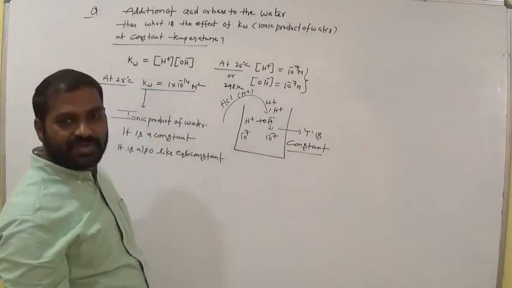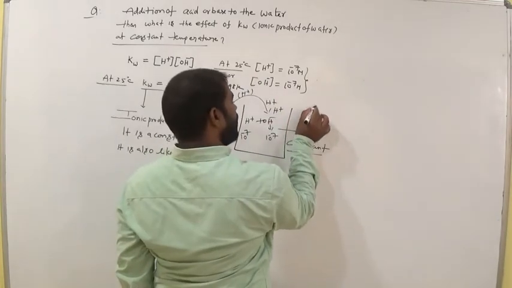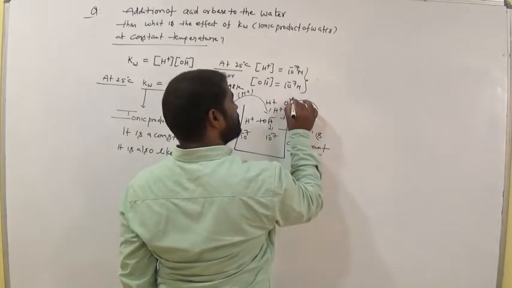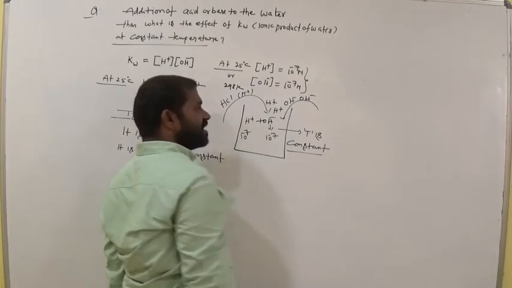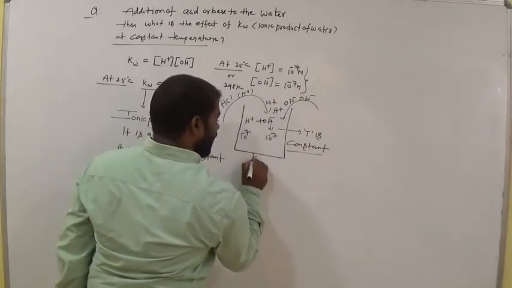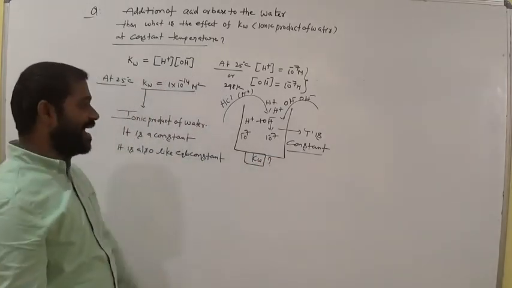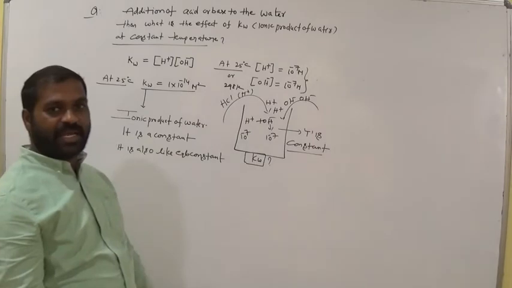Addition of base means we add a number of OH minus. Now, is there any effect on Kw at constant temperature?